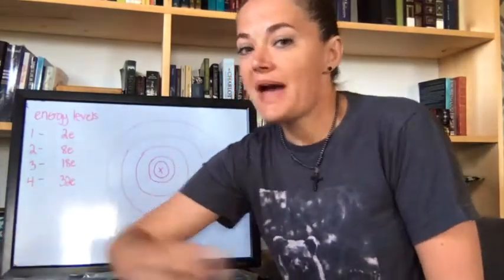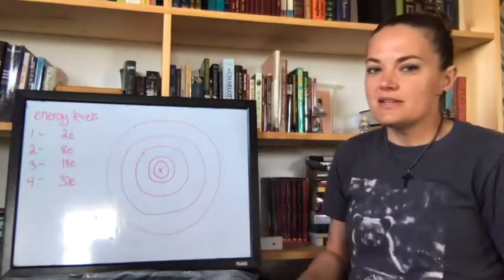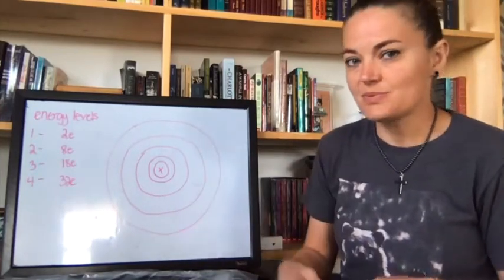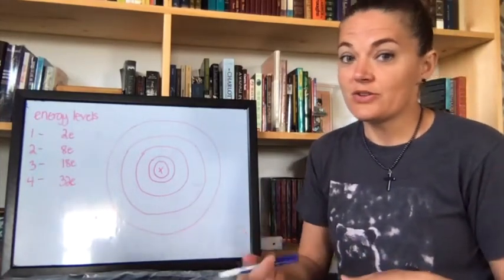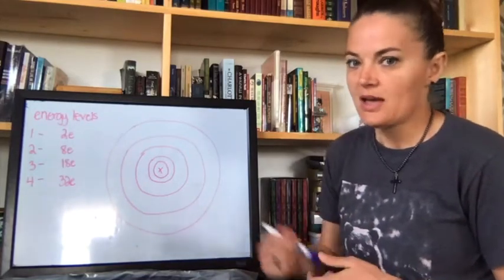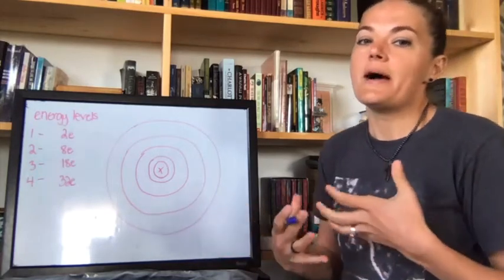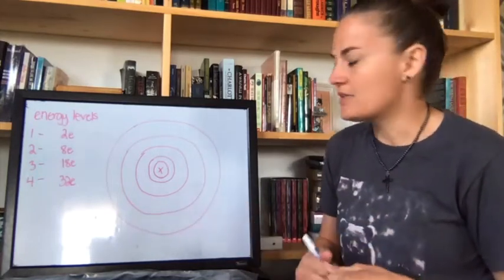However, there is a pattern of filling the first 4 levels, and you will learn more about this when you take chemistry farther along in high school. But for right now, just to have a basic understanding, we're going to go through our first set of atoms so that you get an idea of how this works.